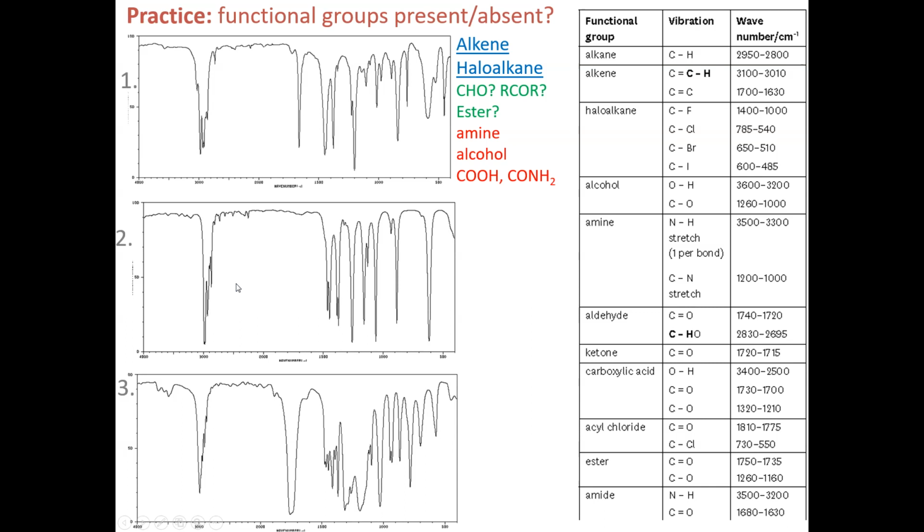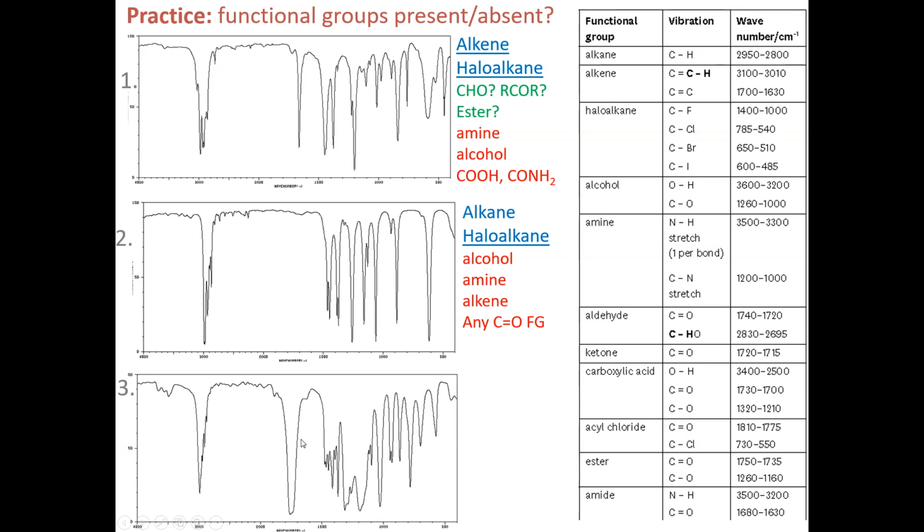For number two, pause, work it out, and hopefully you'll work out it's a haloalkane, although it won't be an ester because there's no strong finger-like peak around 1700, and we know it's not an alcohol or an amine, and it's not an alkene because of those missing peaks.